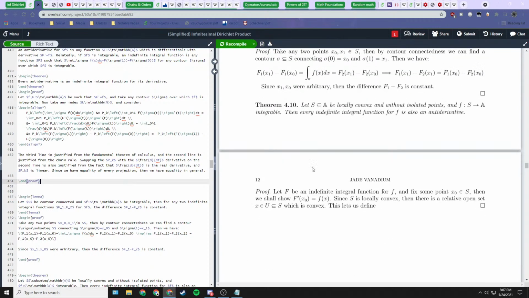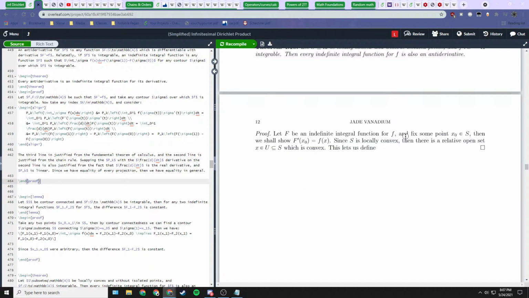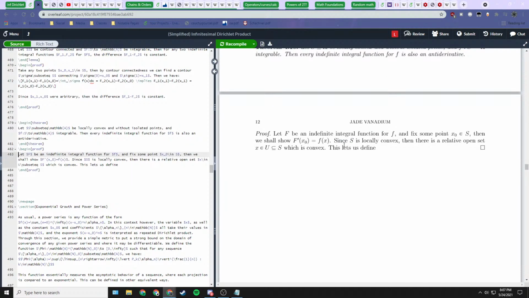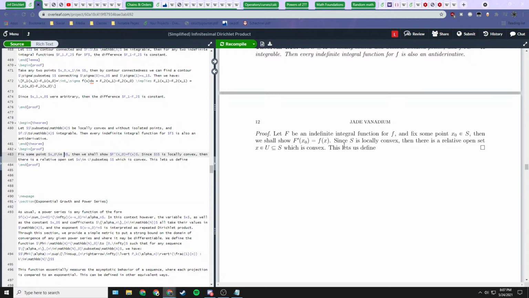Okay, F is an indefinite integral, fix some point x there. So actually we can say, fix some point x0 in S. Then, since S is locally convex, there's a relative open set U which is convex.